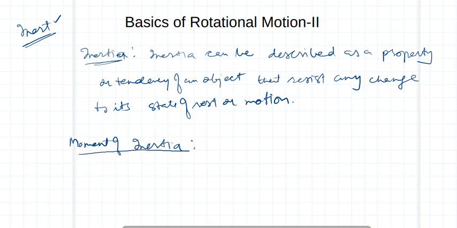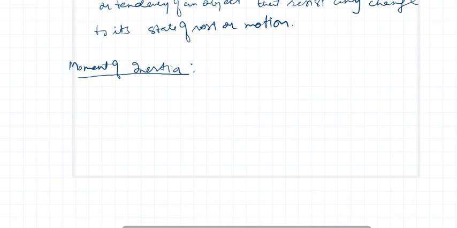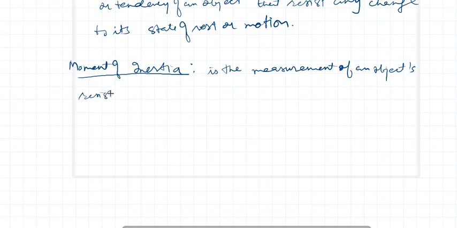So let me write down that moment of inertia is the measurement of an object's resistance to change its rotation.